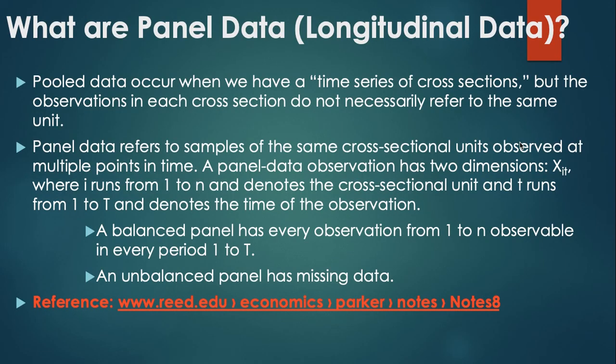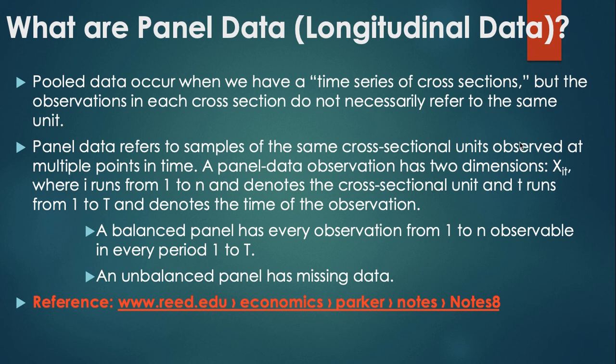So what is panel data or longitudinal data? We have pooled data when we have a time series of cross-sections, but the observations in each cross-section do not necessarily refer to the same unit.